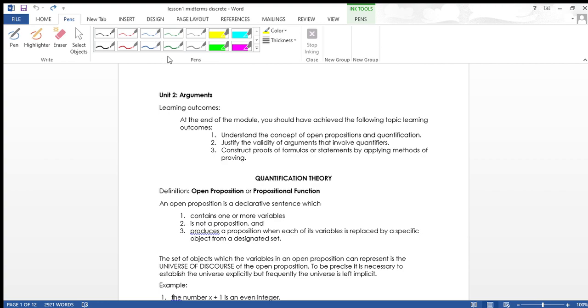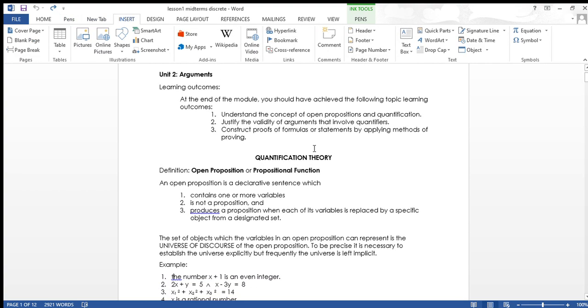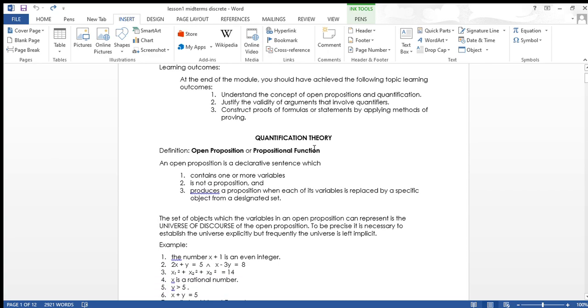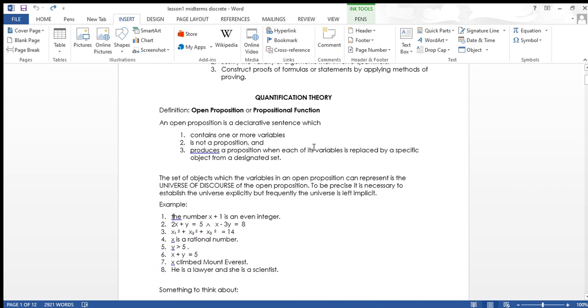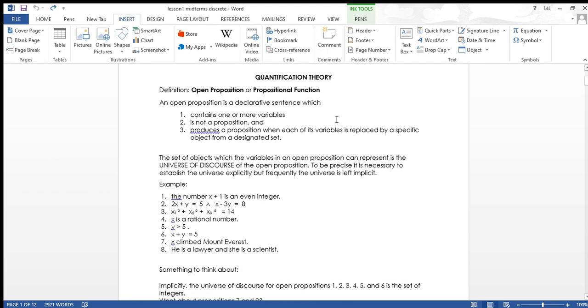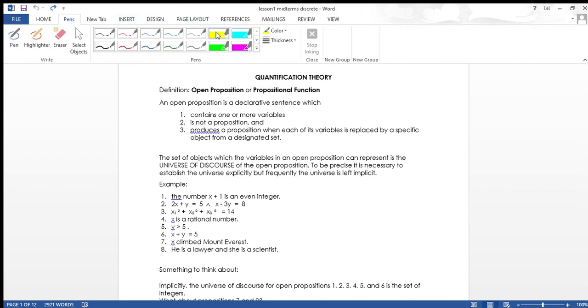The first section is on open proposition. So let's first define what an open proposition is, or sometimes called the propositional function. So it can be called the open proposition or propositional function. According to this definition, an open proposition is a declarative sentence.